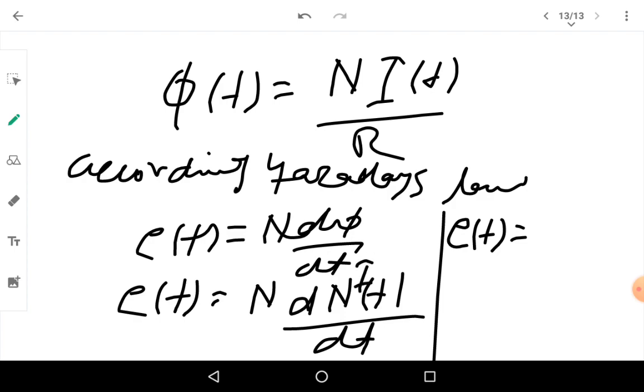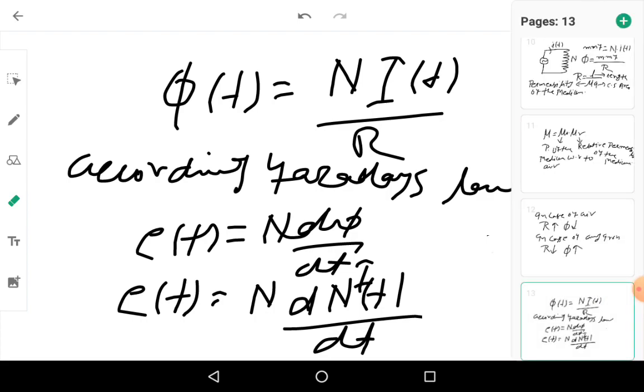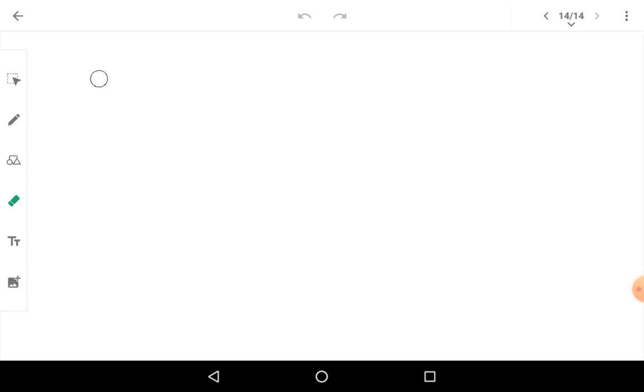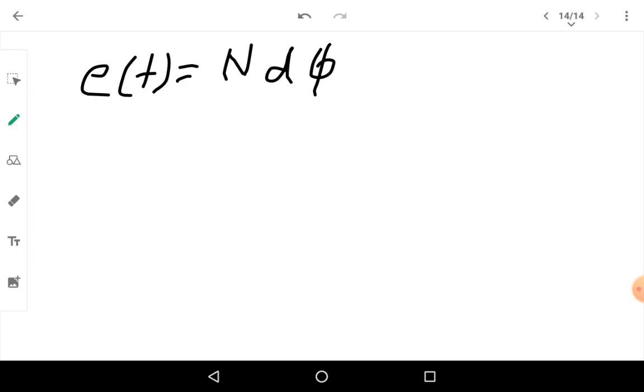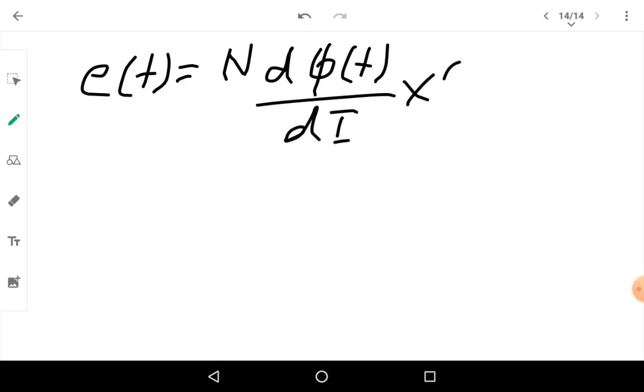We can write on the next page. e(t) equals N d phi(t) upon di into di upon dt.